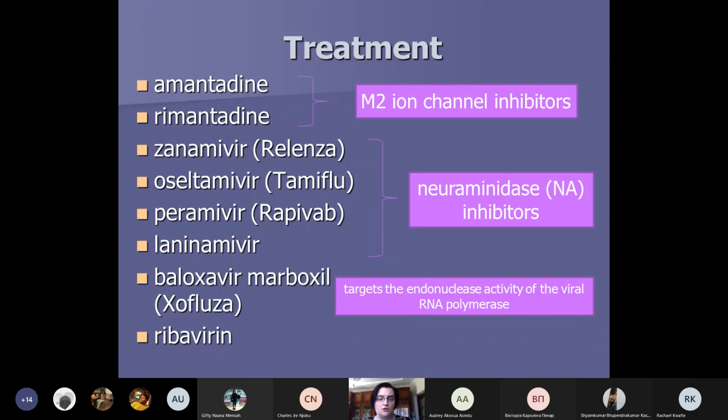Treatment: after diagnosing, as a rule, we go to the treatment. Antiviral drugs are primarily used to treat severely ill patients, especially those with a compromised immune system. Antivirals are most effective when started in the first 48 hours after symptoms appear.